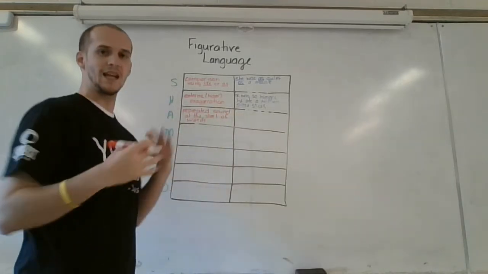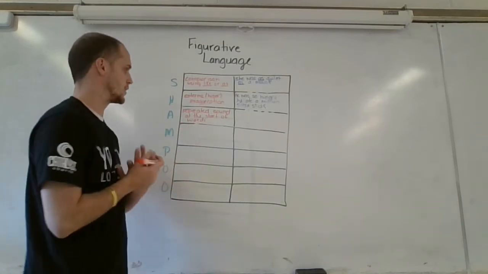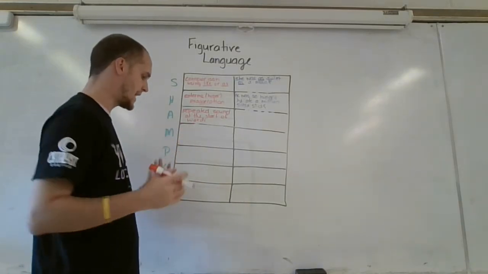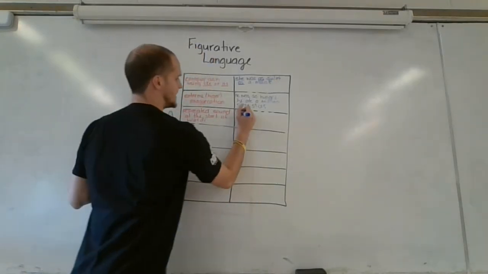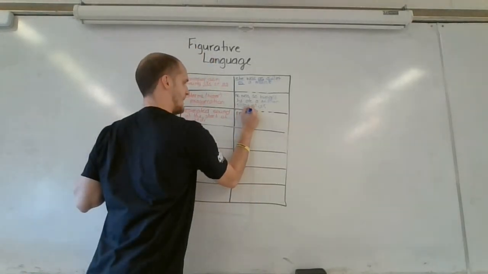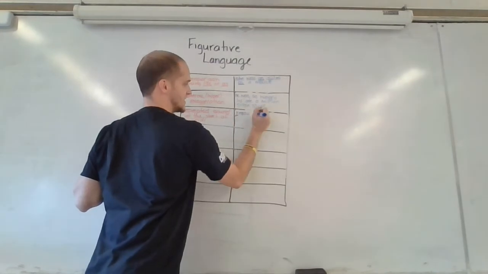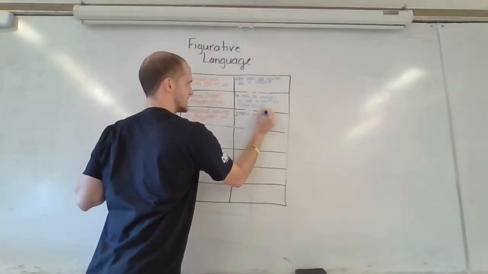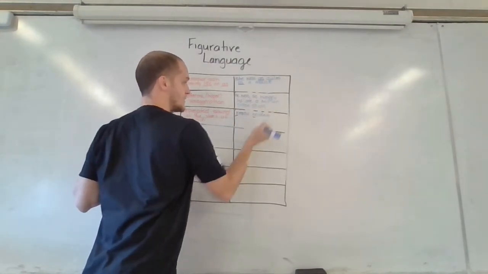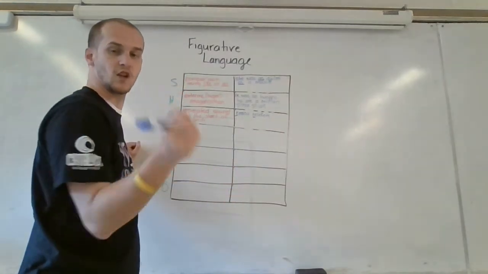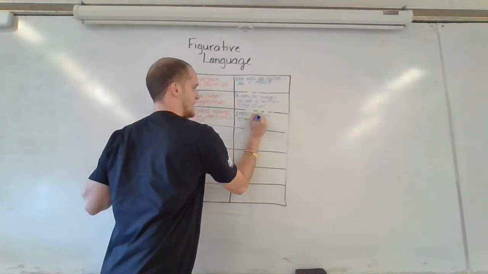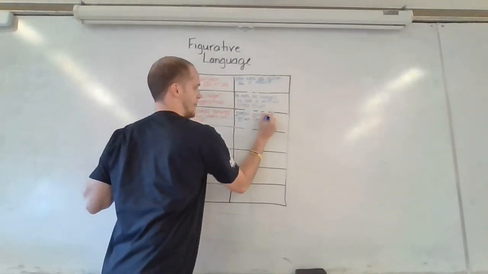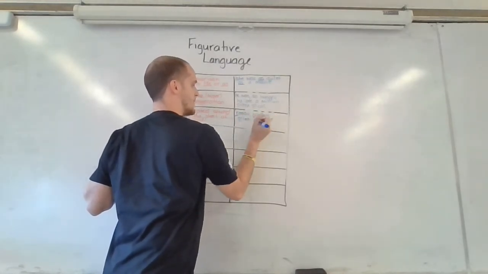All right, it's the repeated sound at the start of words. For example, crazy crickets, that's the C. Crickets, also a C. Crisscross their legs.